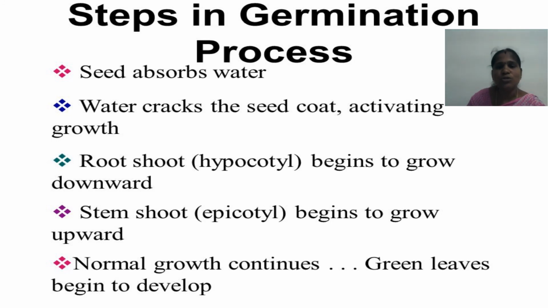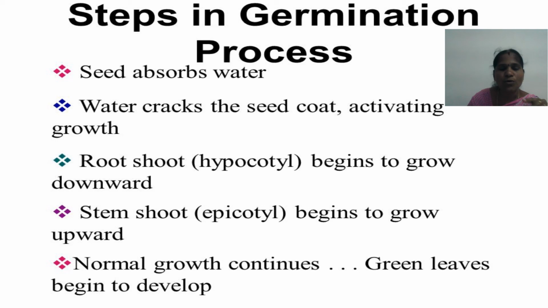The root shoot begins to grow downwards. When we take the roots out of the water, we have to keep them in soil or some area. So the shoot part will grow. Then the stem shoot begins to grow upwards.